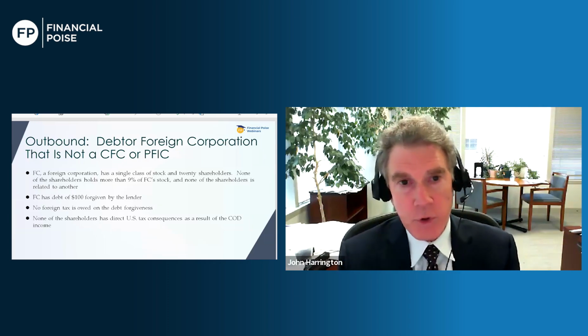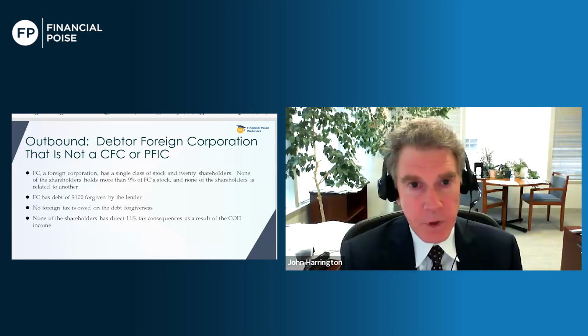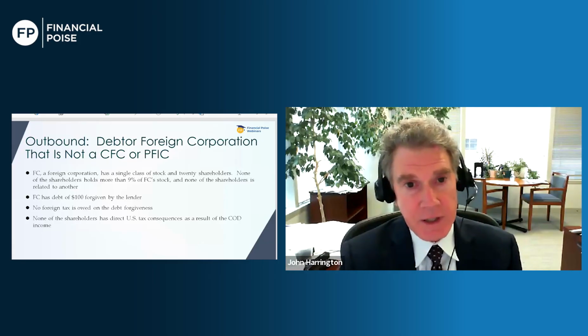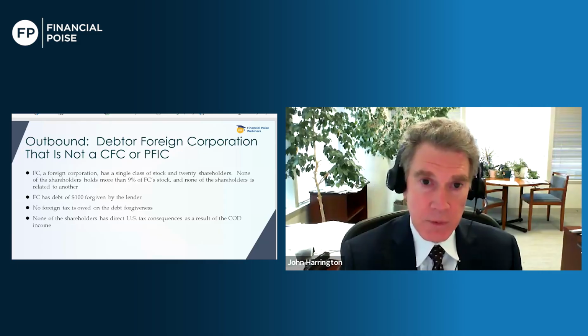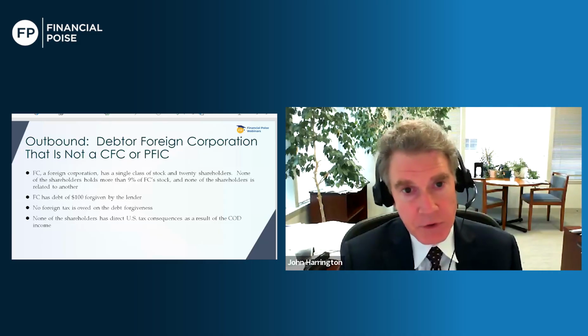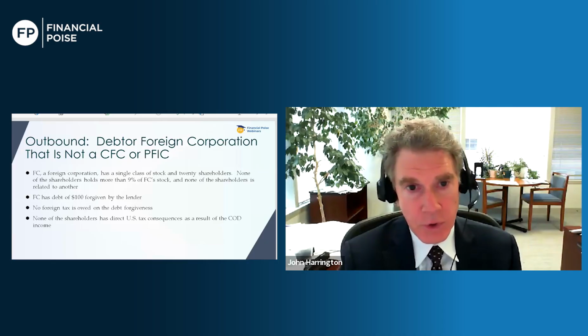If you compare these two examples, in each case the foreign corporation isn't affected by cancellation of debt income, but in one case there is an impact on the shareholders because it's a controlled foreign corporation, and the impact is uneven because it's only affecting some of the shareholders.